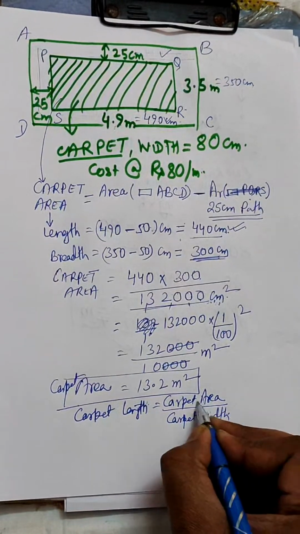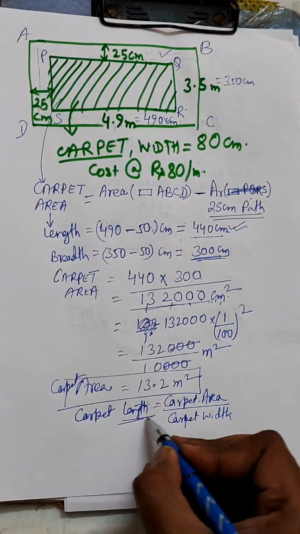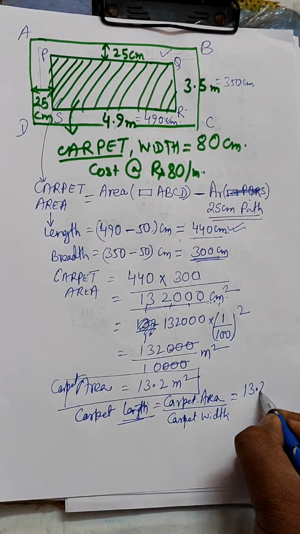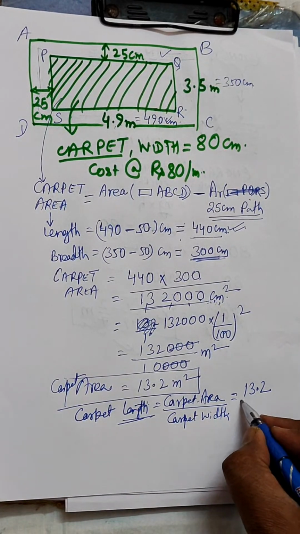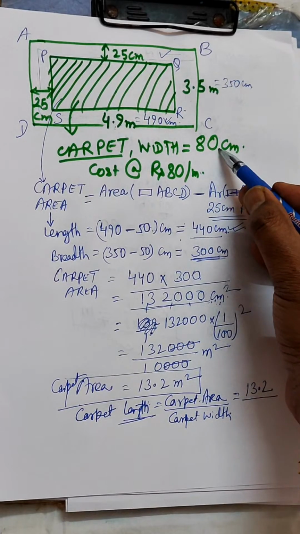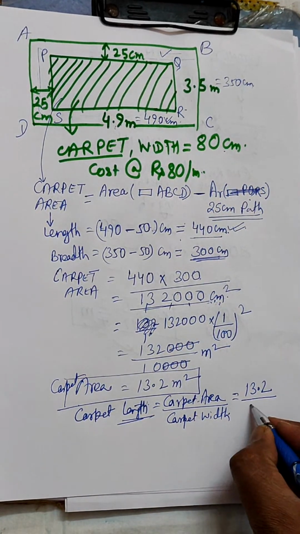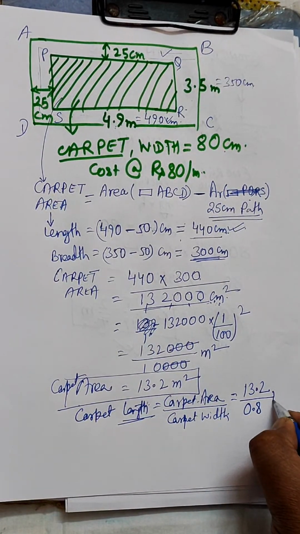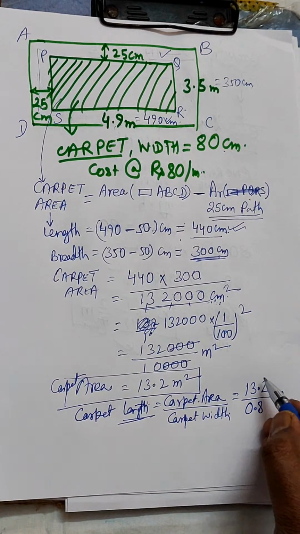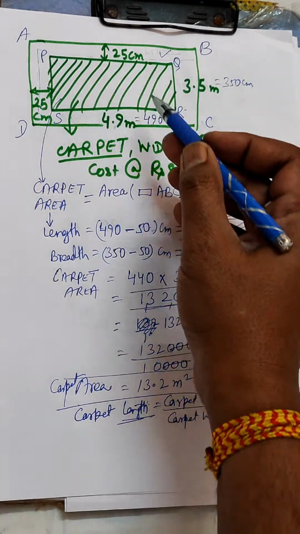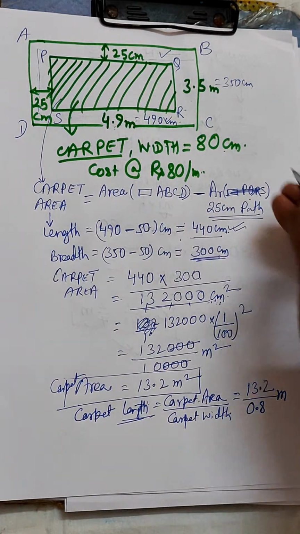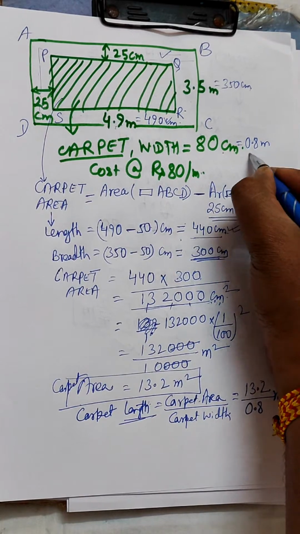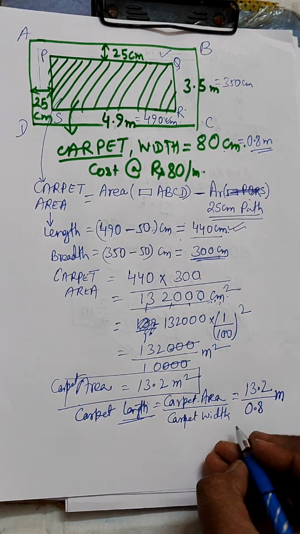The carpet area is 13.2 meter square, and when you divide it by the width of carpet, 0.8 meter, you get the length of carpet required to carpet this area.